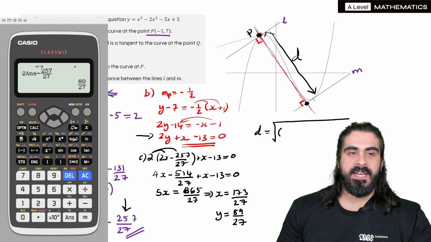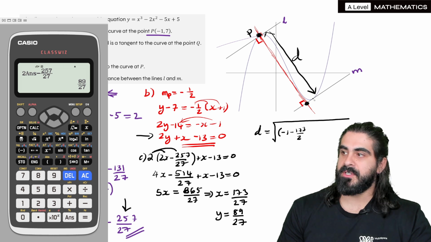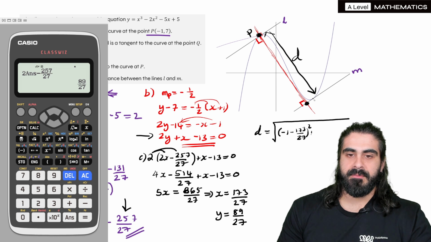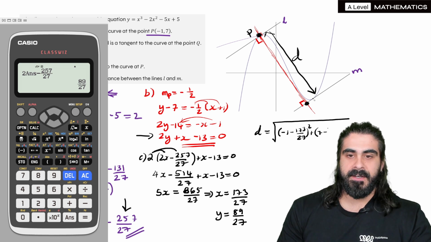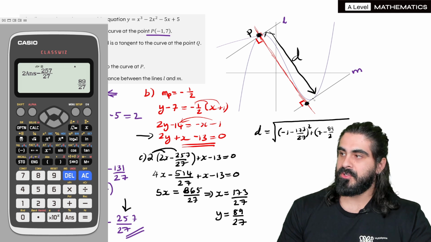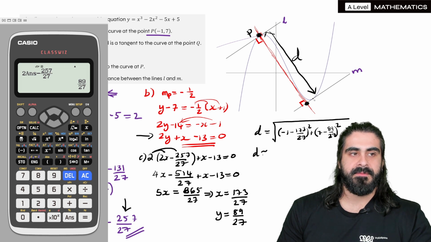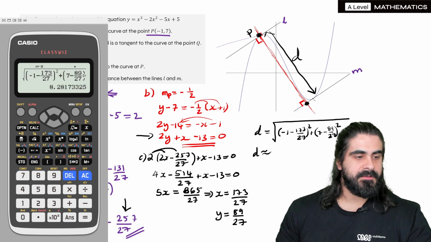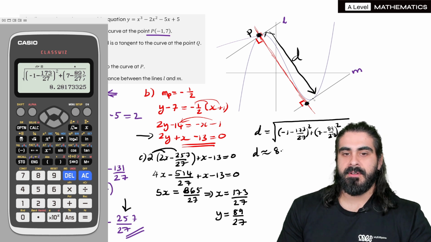So we're going to do the x coordinates taking away: minus 1 minus that 173 over 27, squared, plus the subtraction of the y coordinates, 7 minus 89 over 27, squared. And let's see what that gives us for d, which gives us approximately 8.28 to 3SF.